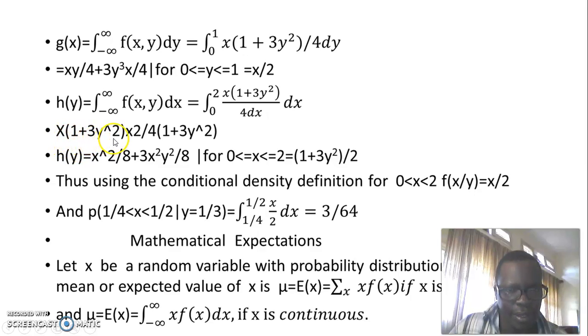Hence, when you integrate with respect to x, you get x times (1 plus 3y squared) times 2 divided by 4.